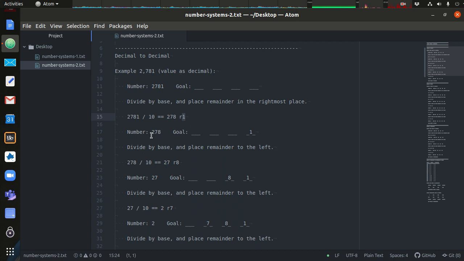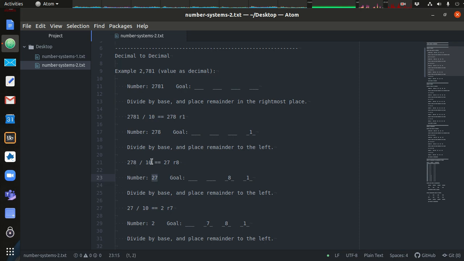So we bring down this number, 278, and again we just divide by the base and place the remainder next to it. Okay, so 278 divided by 10 is easy, right? There's going to be 27 and 8 left over, so the quotient is 27, remainder 8, and we place that 8 right here to the left of our previous digit, and we just repeat this process until this number here is a 0.